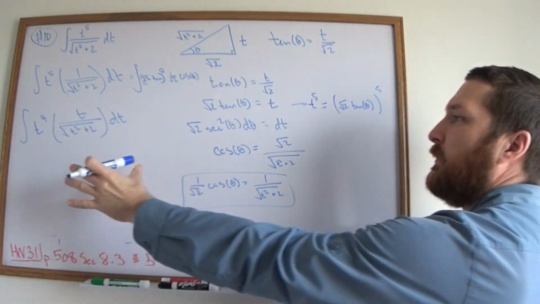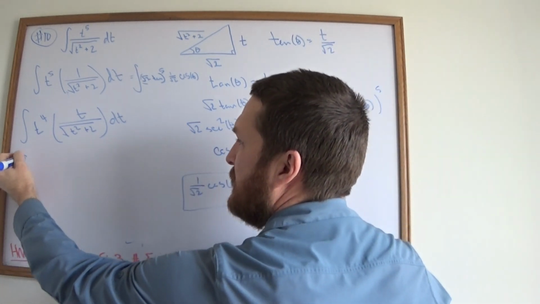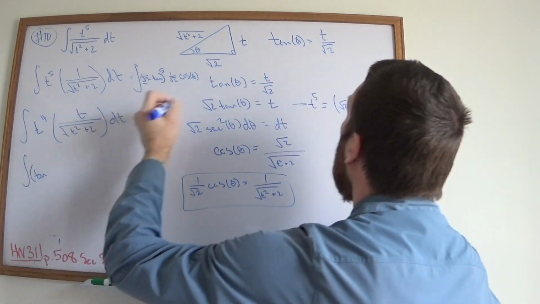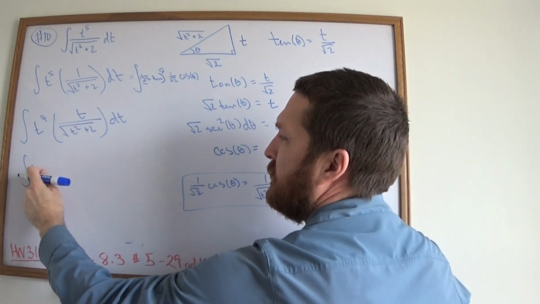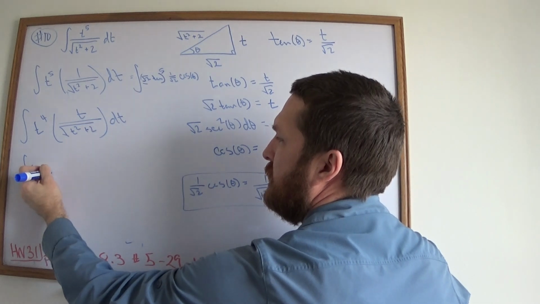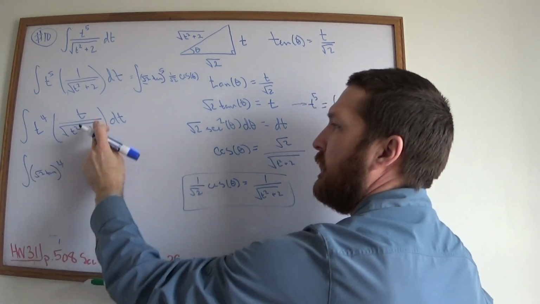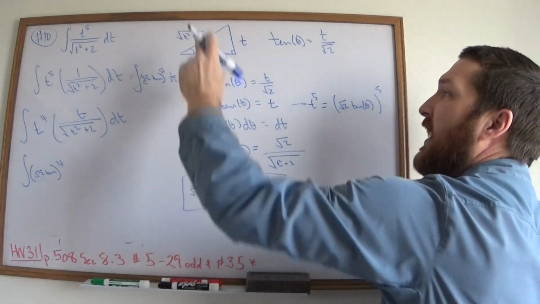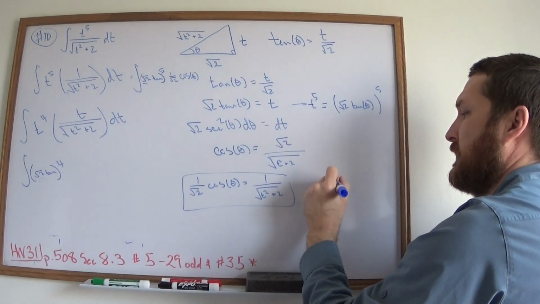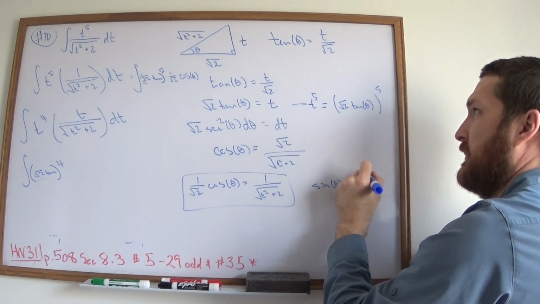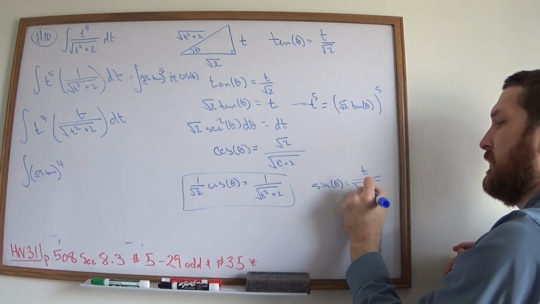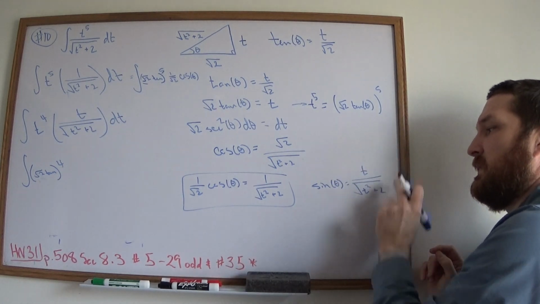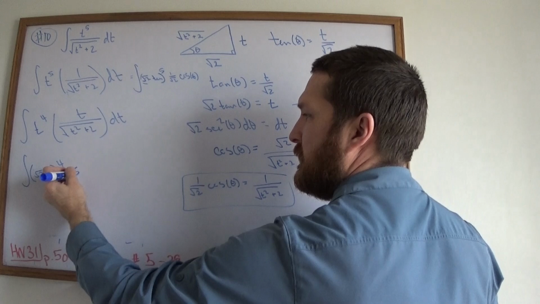Over here it would be a little bit different. I would have t to the 4th, so it would be root 2 tan to the 4th. And then this would be, like we said, sine. That's just plain old sine theta is t over t squared plus 2. Nice.